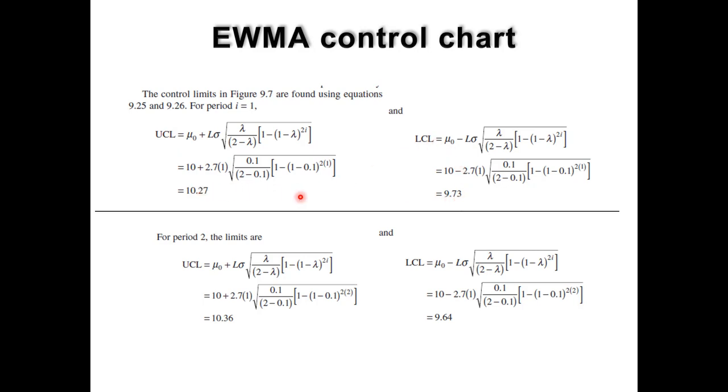Remember, these two values are the upper and lower control limits for the first observation, or rather for the observation at period i equals 1.